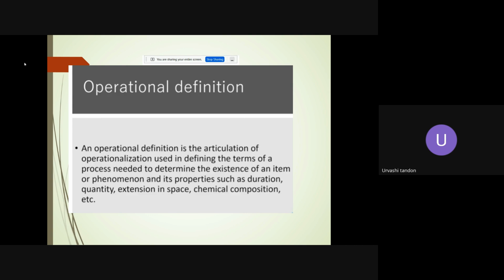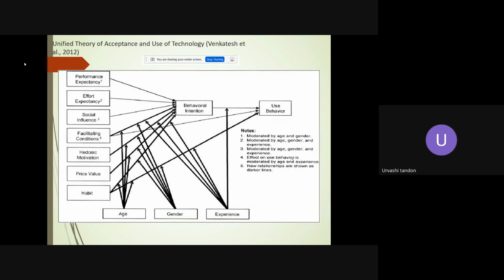That means here you are operationalizing, you are changing the definition in the context of your study, right? I'll give you a very simple example. I hope you must be knowing this.